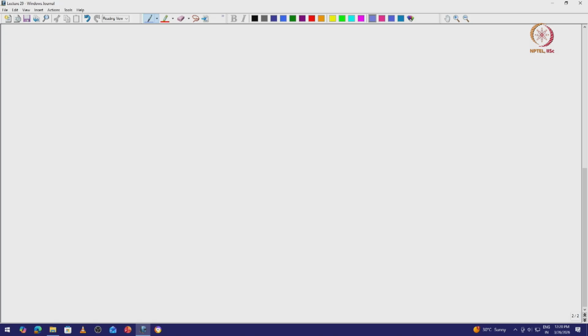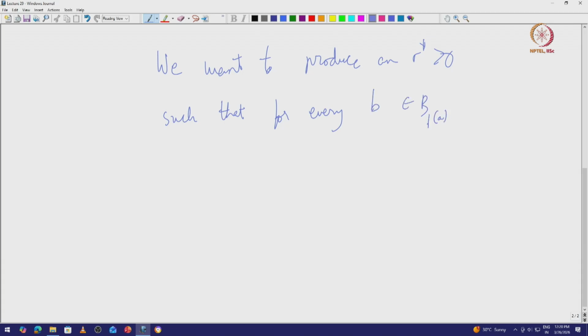That is, what we want to do is produce an r' so small such that for every b in this ball, there exists an x in here so that f(x) equals b.